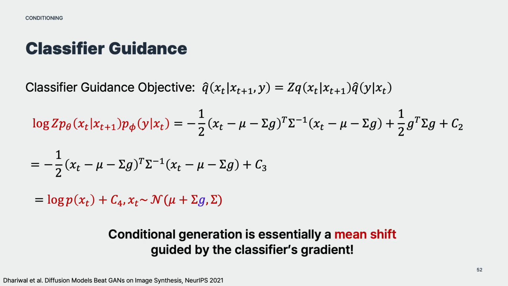What we can conclude from the above derivation is that conditional generation is essentially a mean shift guided by the classifier's gradient.